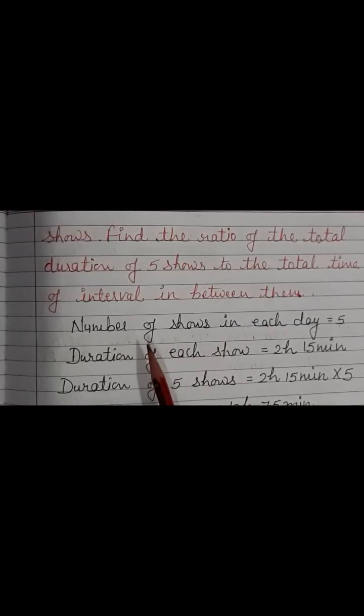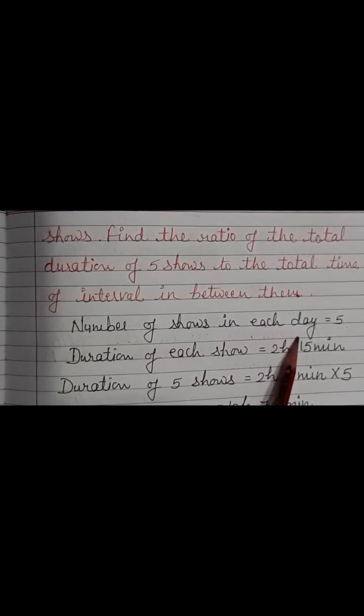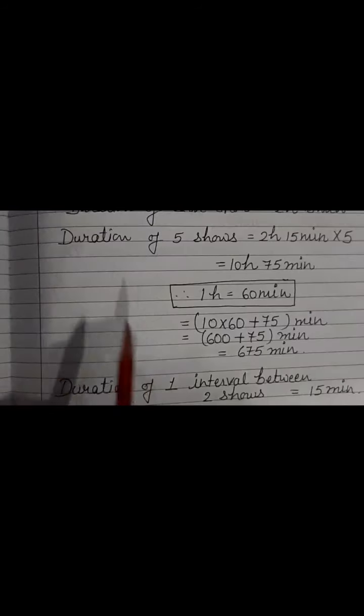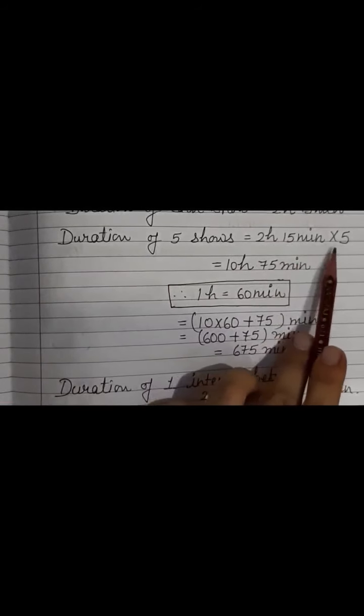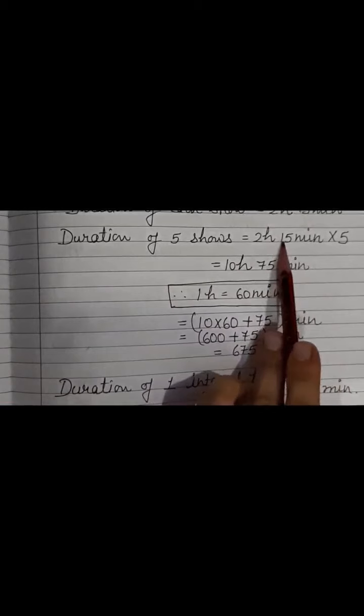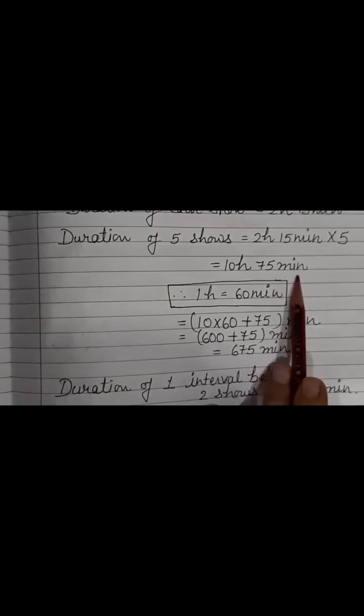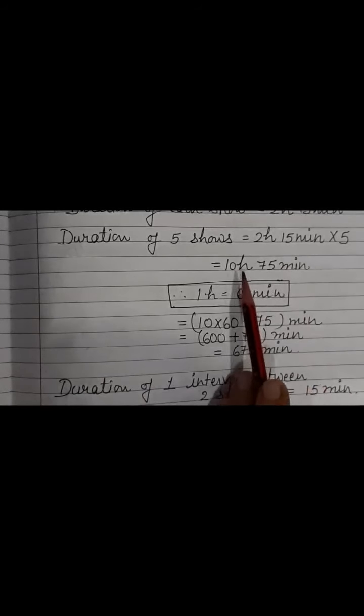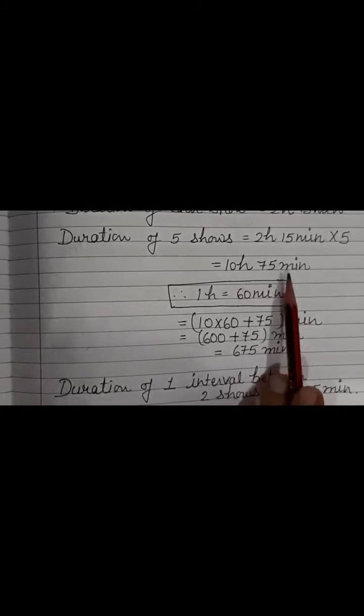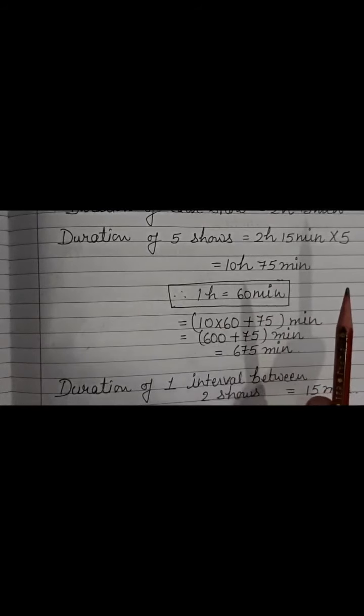In that case, number of shows in each day, they are saying 5. Duration of each show is 2 hours 15 minutes. So duration of 5 shows will be 2 hours 15 minutes into 5. When we will multiply, 10 hours 75 minutes will come. Now we have to convert into same unit, into 1 unit only.